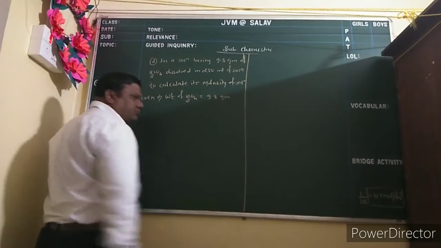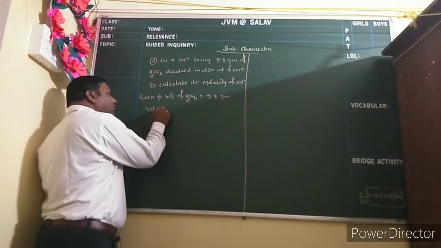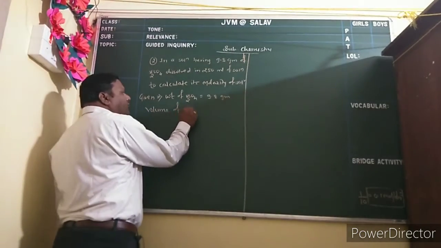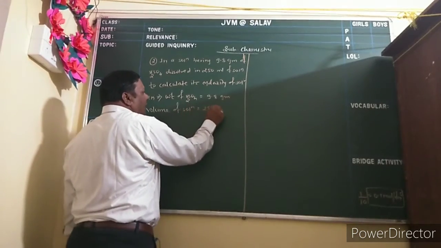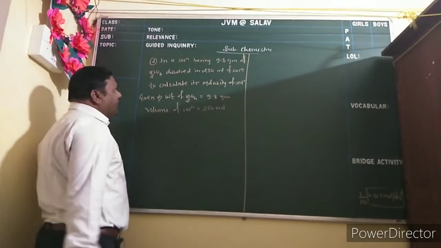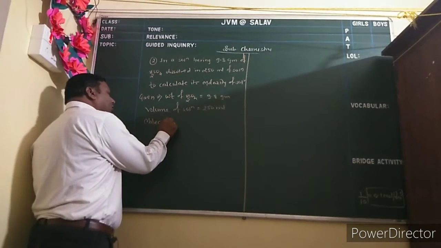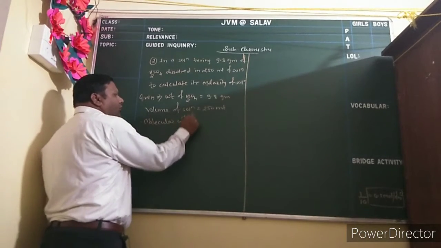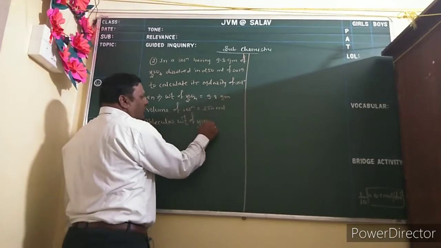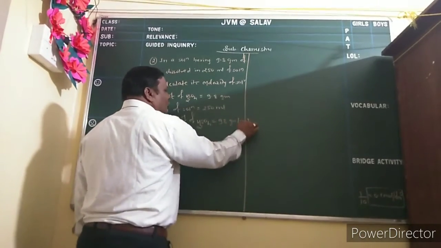Next, the volume of solution is 250 ml. Then the molecular weight is not given but you calculate it. Molecular weight of H2SO4 is 98. You know how it is calculated?